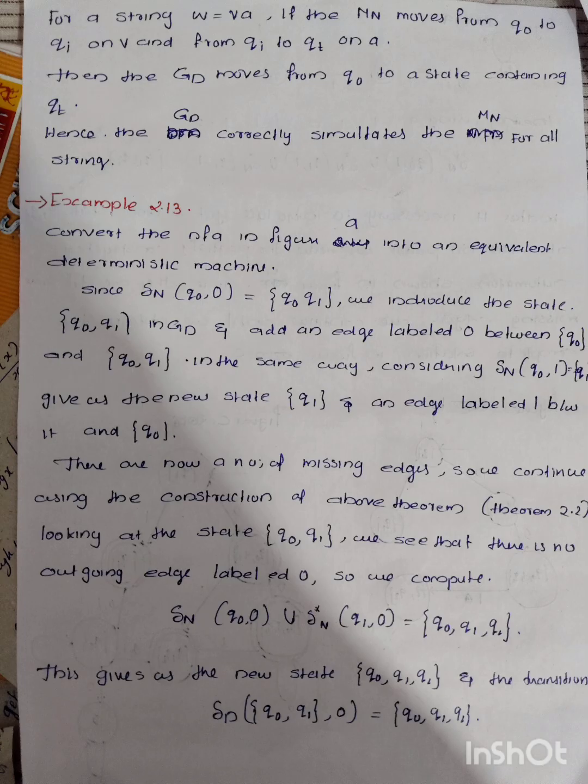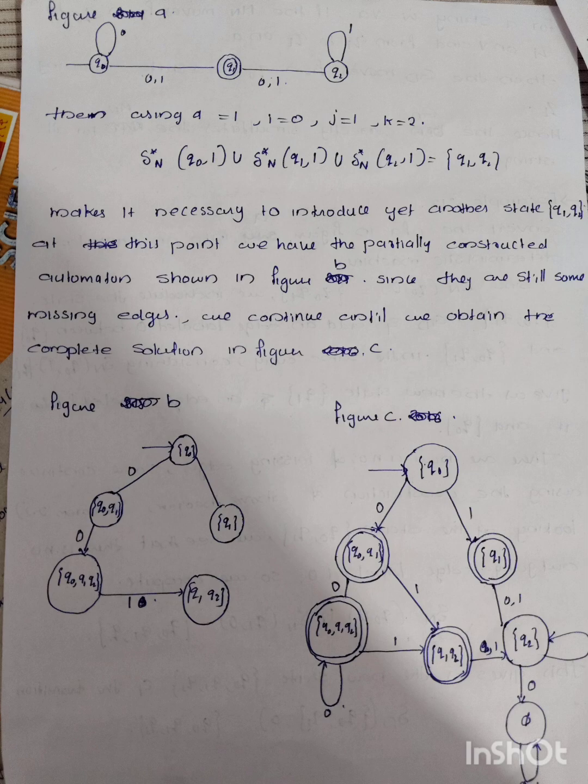So we compute δ*n(q0, 0) ∪ δ*n(q1, 0) = {q0, q1, q2}. This gives us the new state {q0, q1, q2} and the transition δd({q0, q1}, 0) = {q0, q1, q2}.